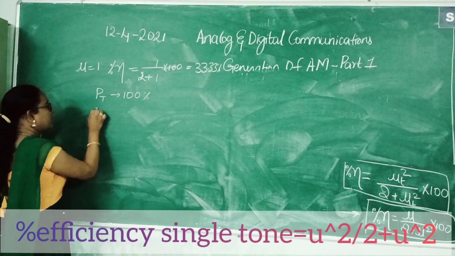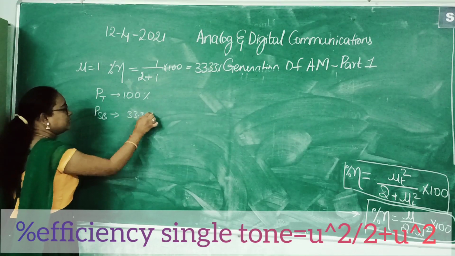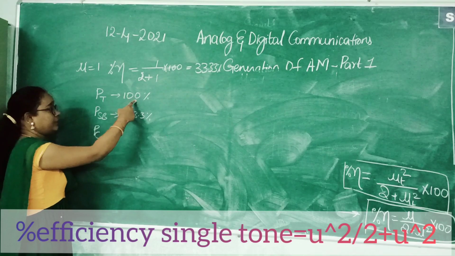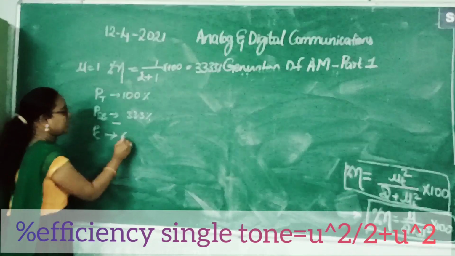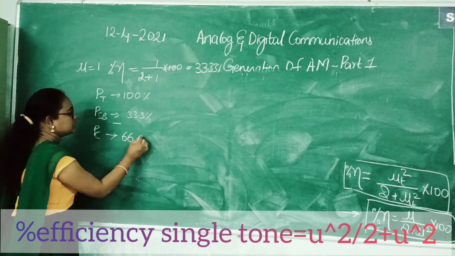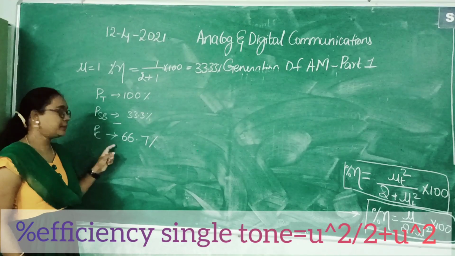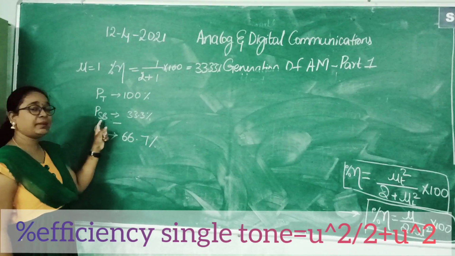Now the sideband power we calculated is 33.33%. So what is the carrier power from this? 100% minus 33.3%, which gives you around 66.7%. Observe here, the carrier power is occupying 66.7%, whereas the sideband power is occupying 33.33%.